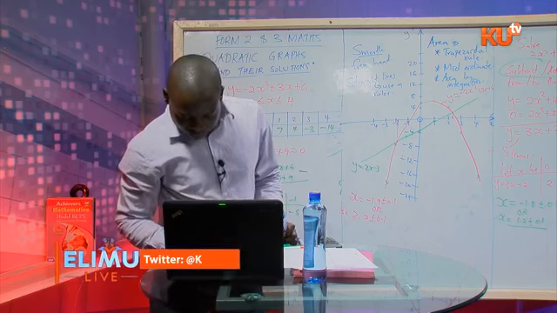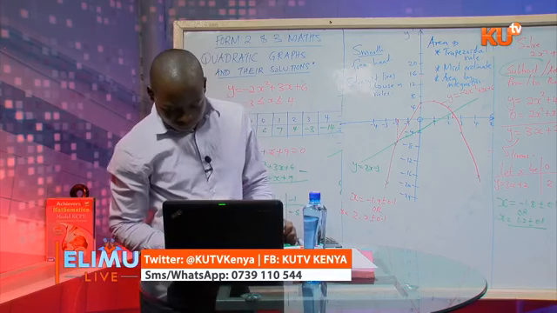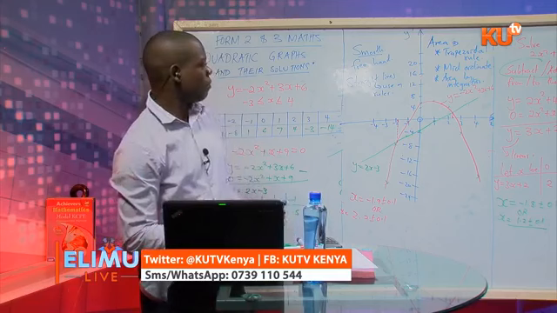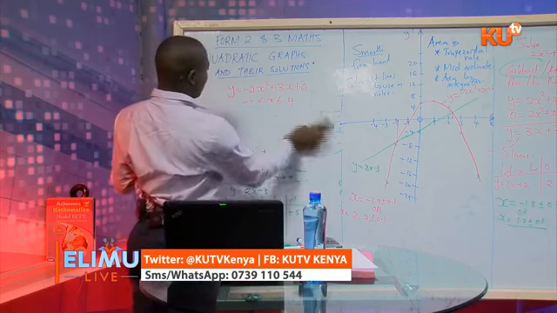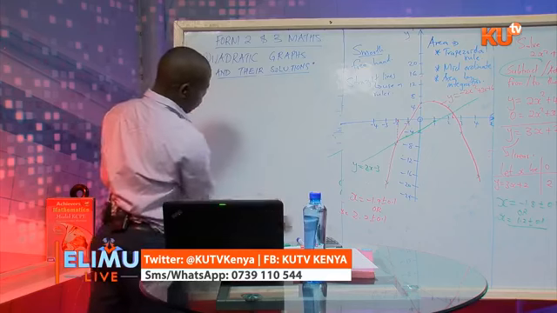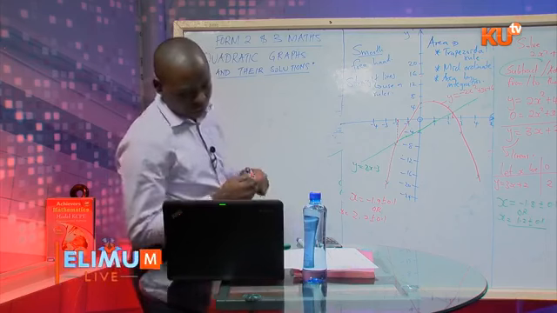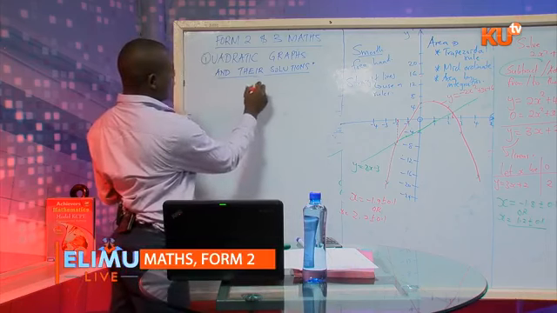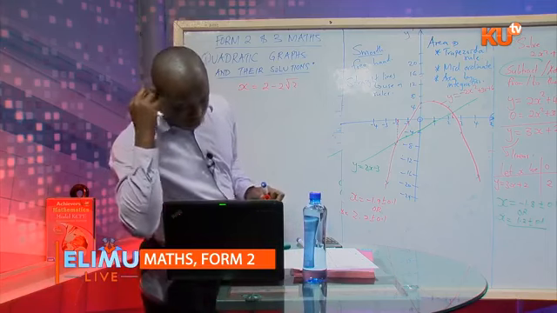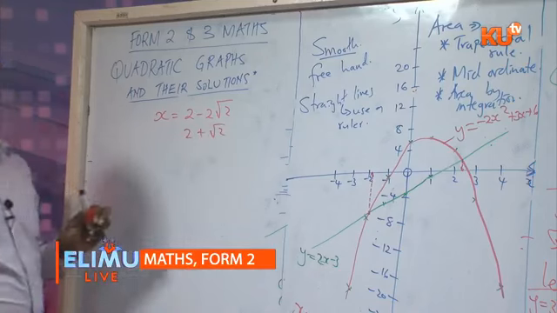Hello teacher, it's Purity from Syokimau. From a quadratic equation whose roots are given, you can be given the roots to determine the equation. What she has asked is that you are given the roots of the quadratic equation: x is 2 less root 2 and 2 plus root 2.